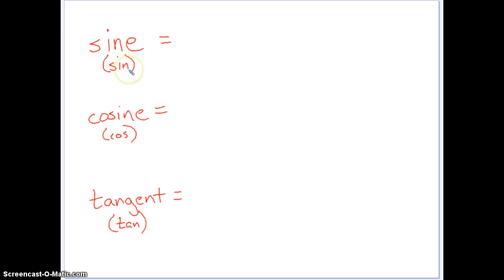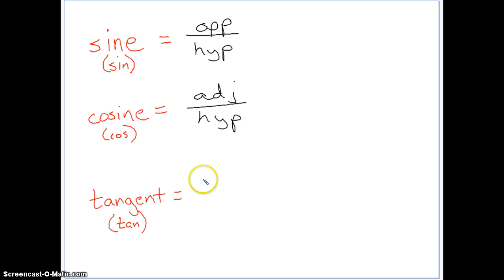So in summary, the sine of an angle is its opposite leg divided by the hypotenuse. The cosine of an angle is the adjacent leg over the hypotenuse. And the tangent of an angle is the opposite leg over the adjacent leg. A mnemonic that will help you out is the word SOHCAHTOA.